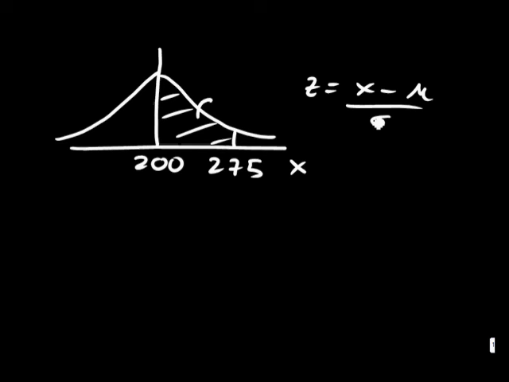In this case, mu is 200. The standard deviation is 50. So we're going to need to convert 275.